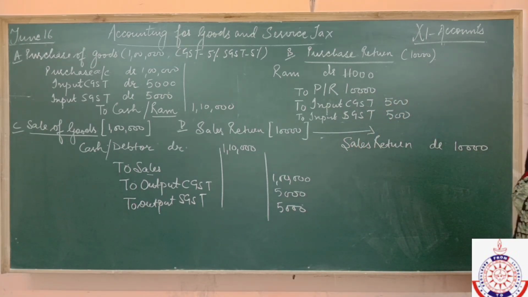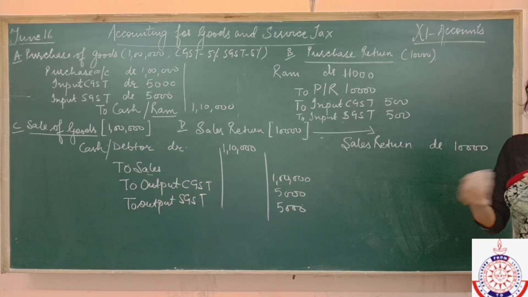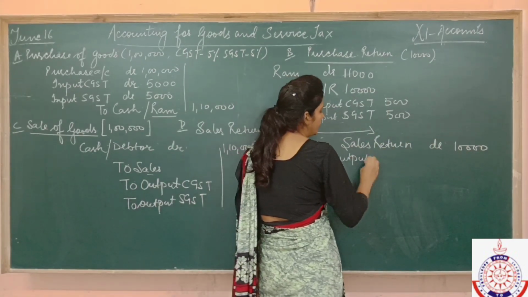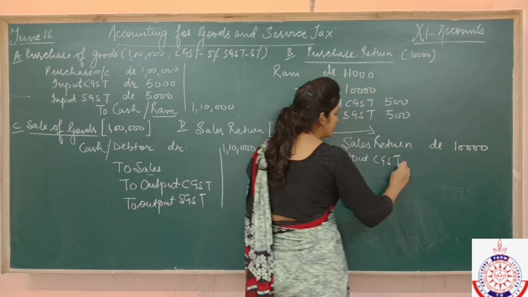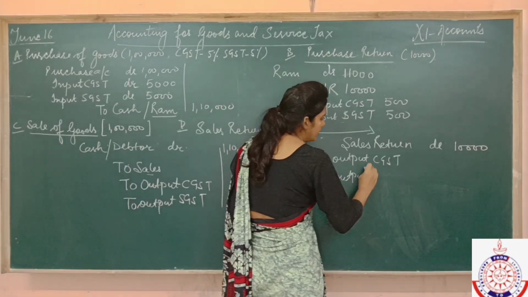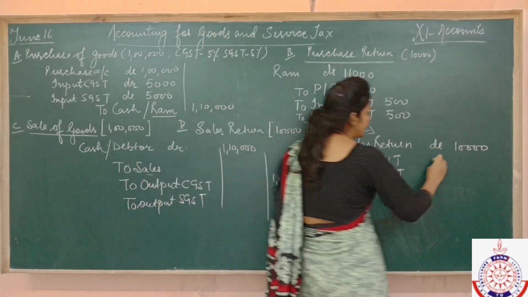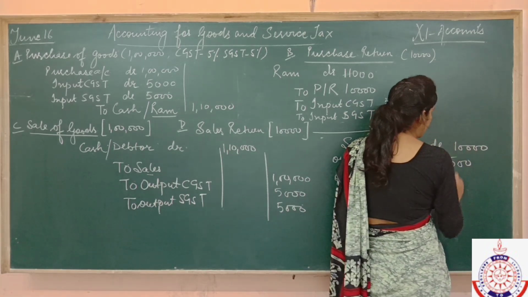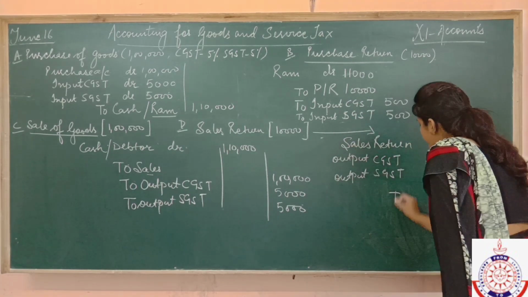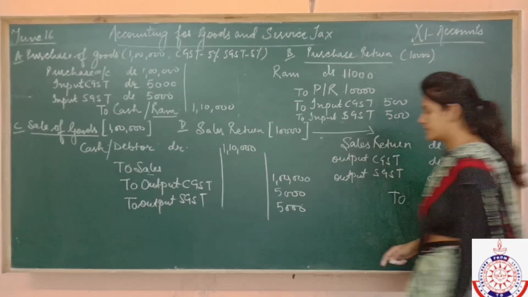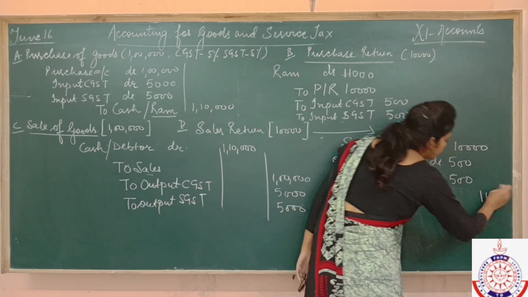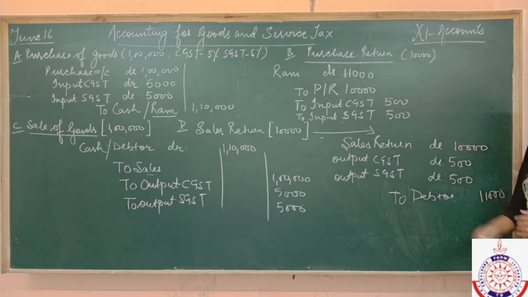Obviously, if they are returning the goods to me, then obviously whatever GST I collected from them, I need to pay them back, so I'll have to debit output CGST, output SGST, fine. 5% means it's again 500, 500, and to the debtor, and the amount will be 11,000. This entry we are going to pass.